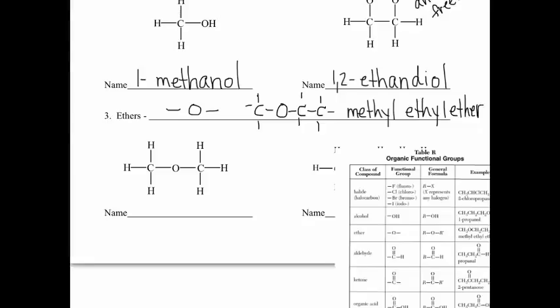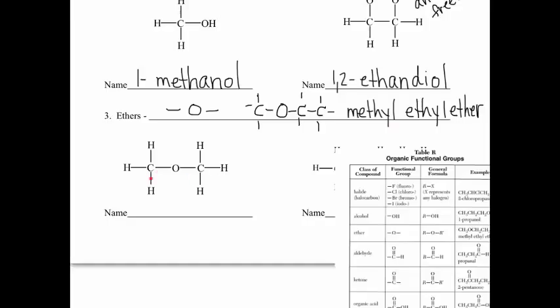So let's do the example we have here. We have a 1 carbon connected to another 1 carbon by an oxygen. That's how we know we have an ether, because it's right in the middle there. According to the example we had, you name your shorter chain, then your longer one, and then add ether. Well, these are both the same length, so you have a choice here.